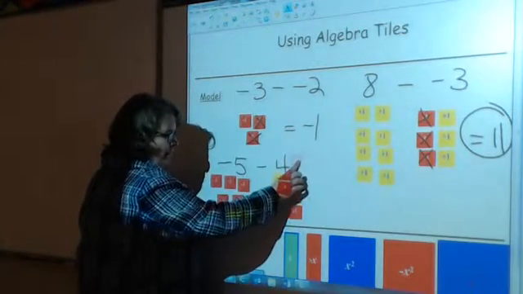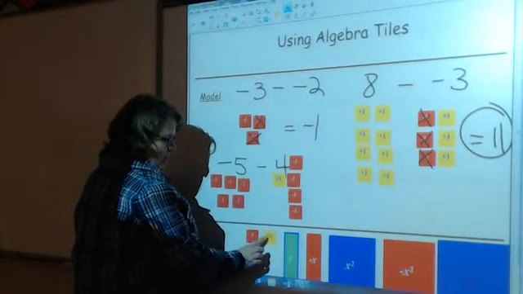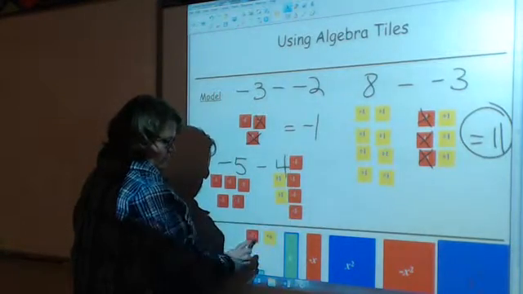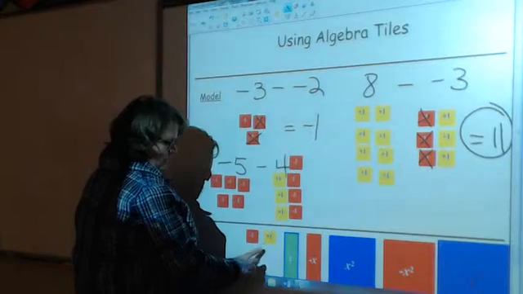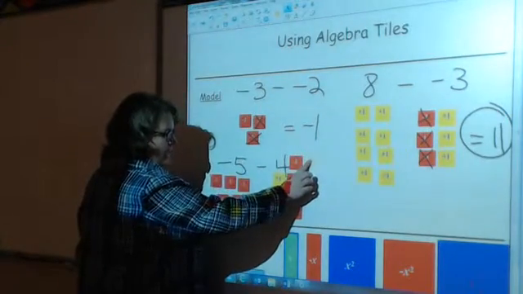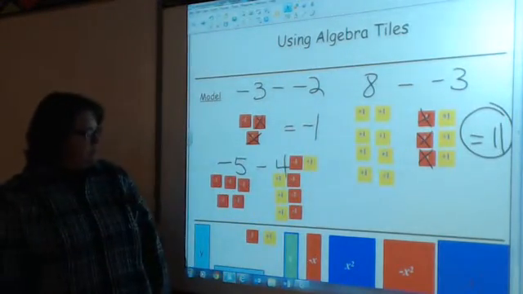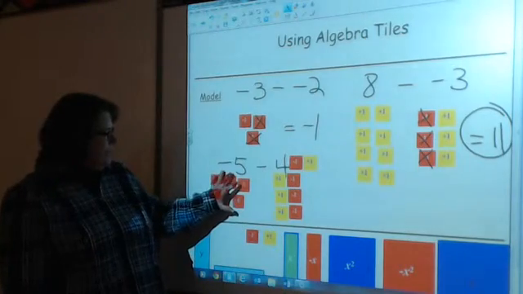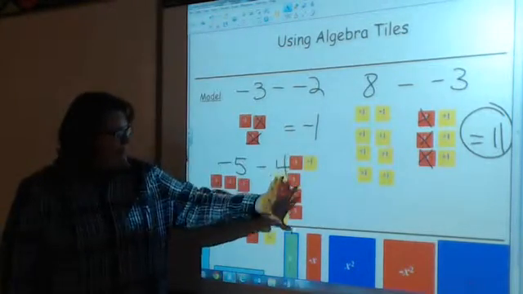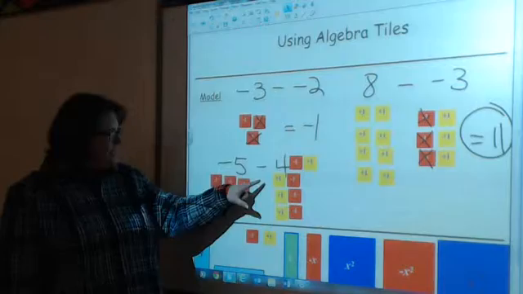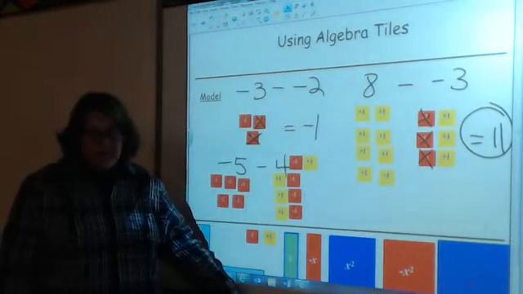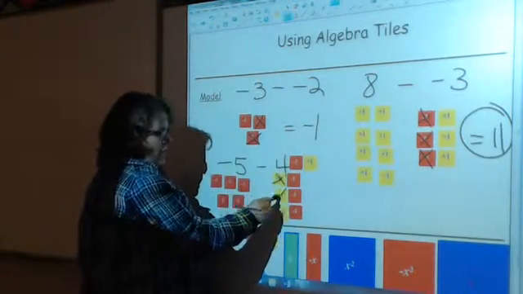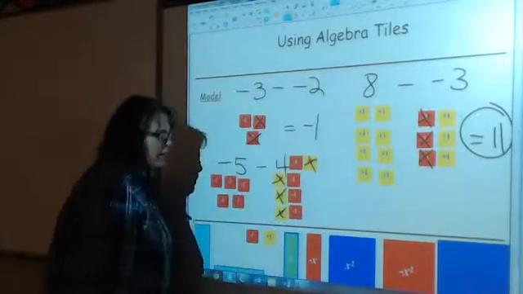And I need 4 of them, don't I? I'm going to put this one on this side so it doesn't cover up my 4. Okay? So there's my negative 5, but I have to add my 4 0 pairs to it in order to take away my positive 4. Now I can take away my positive 4.